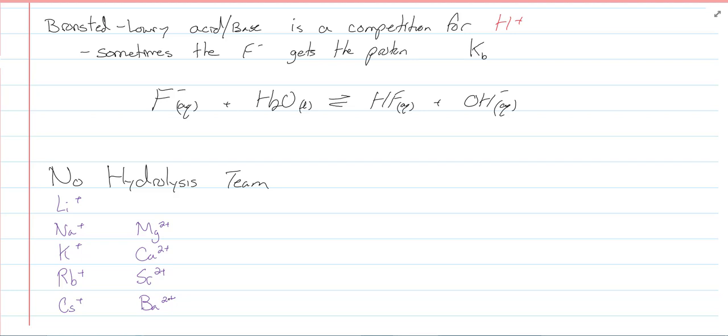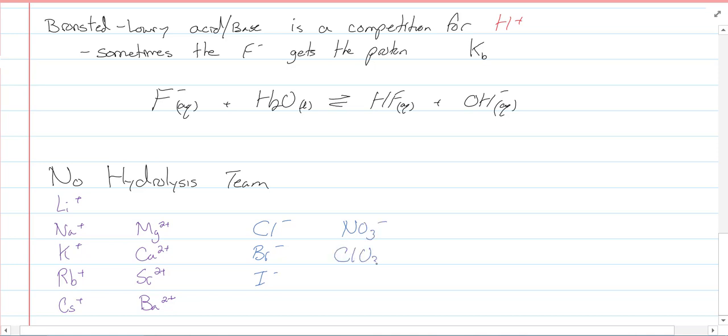Anions, you have chloride, bromide, iodide. You have nitrate. You have chlorate and perchlorate. Note, HSO4 minus is an acid.